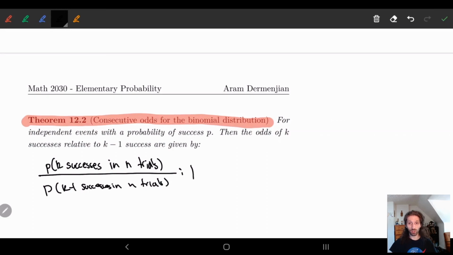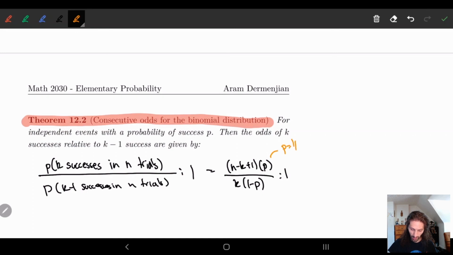Now this ratio, I put it in a ratio with 1. This is equal to almost the same thing on top, except here we need to multiply by p. And on the bottom we have k times 1 minus p. And here you'll notice that if p equals 1/2, this implies 1 minus p is equal to 1/2, and they cancel. This is why we didn't see it in the previous example.